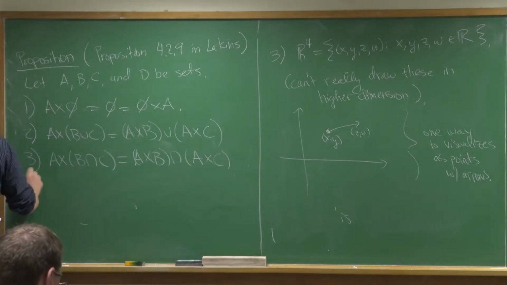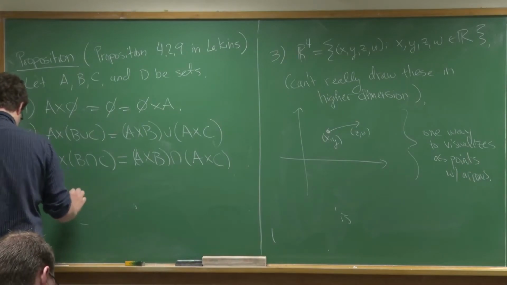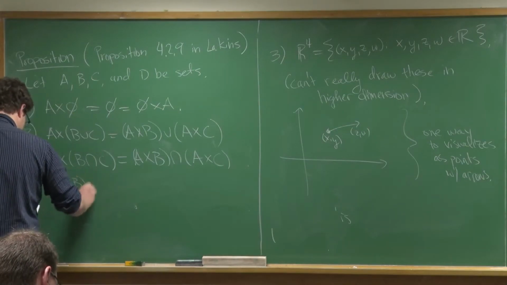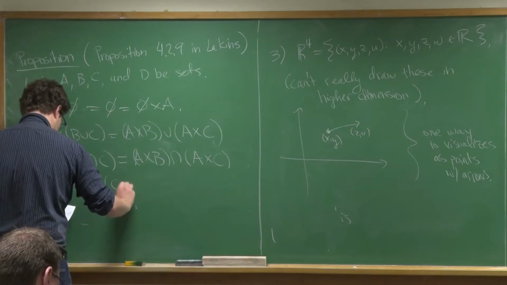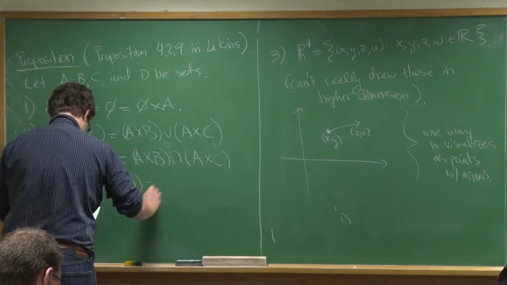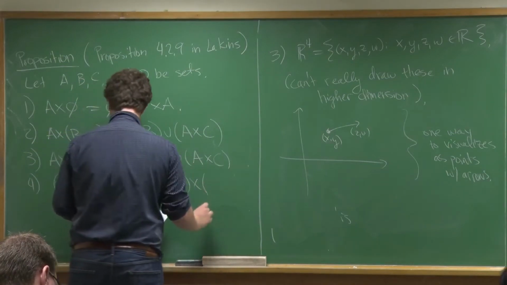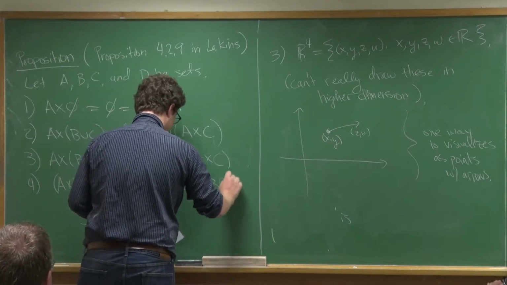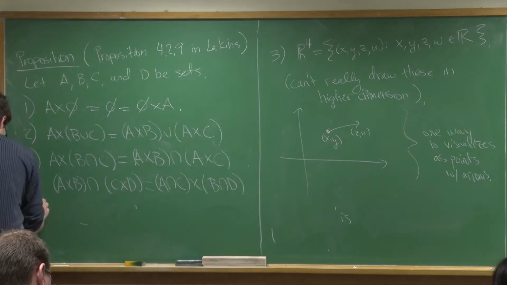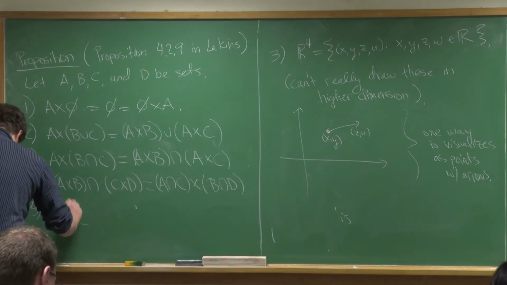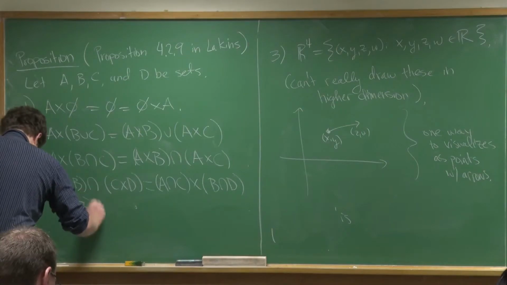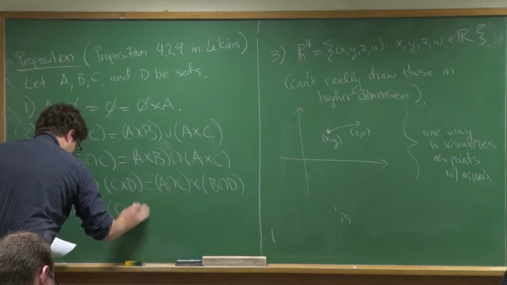Fourth, we could do (A cross B) intersect (C cross D). So this is (A intersect C) cross (B intersect D). And the last one here, you could do (A cross B) union (C cross D).